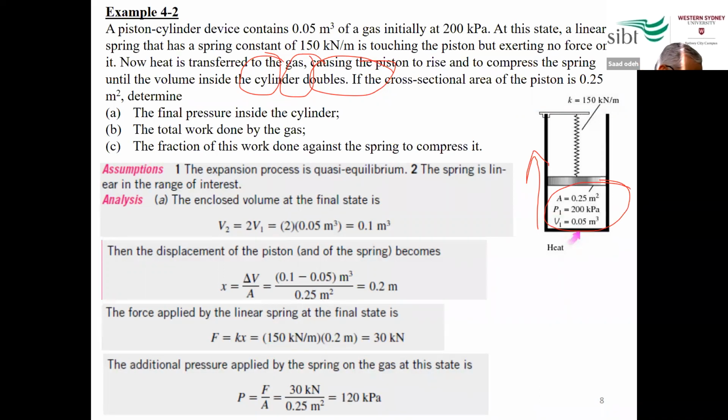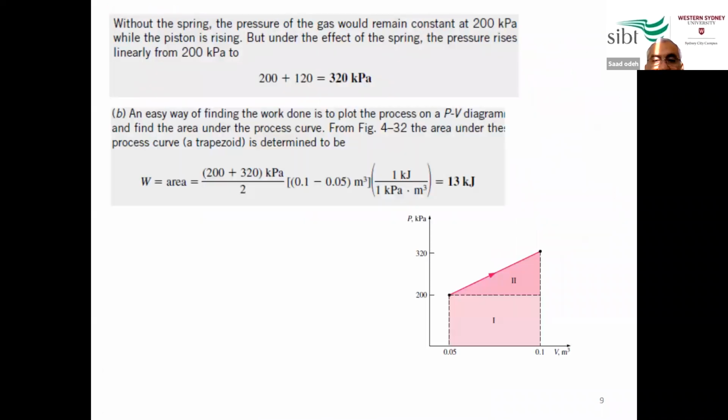So backward to what we were talking about here. If I want to find out the work done by the gas inside the cylinder, I can do it in either way. I can use the ideal gas equation, or simply, the work done between 1 and 2 is the area under the curve.